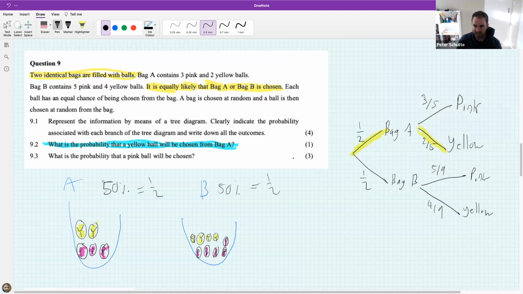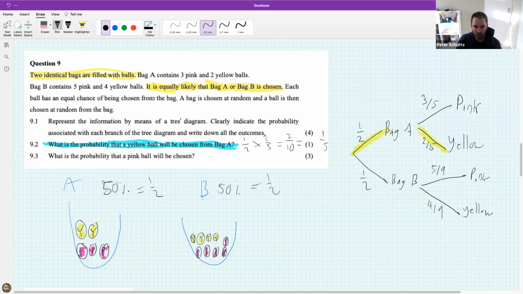Now, yes, absolutely. When you are going along the branches of the tree, you have to multiply. And so the probability of getting a yellow from bag A is going to be a half times 2 over 5, which is 2 over 10 or 1 over 5.